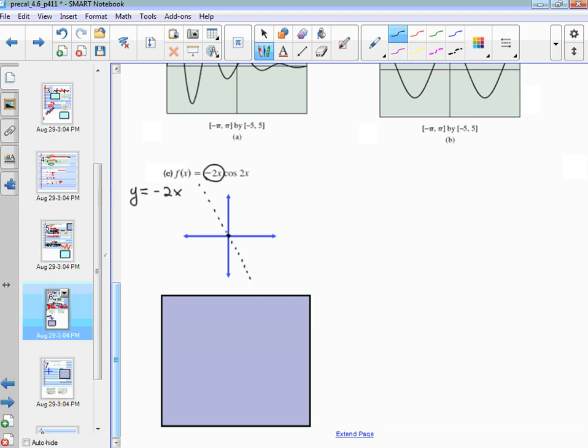And the negative of a negative 2x is a positive 2x. Well, that's just a line, y-intercept of 0, and slope of positive 2, like this. What's the thing right here? That's a cosine.